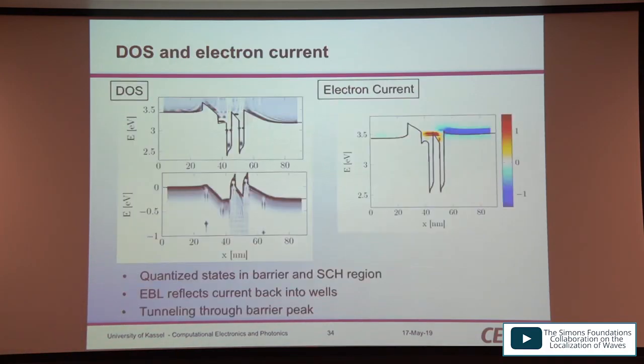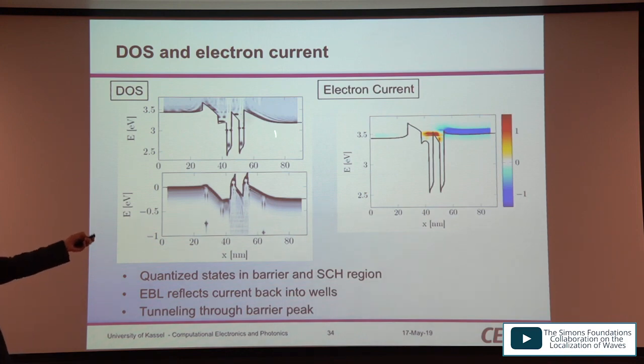Now first, it's interesting to look at the local density of states. Here you see the conduction band edge, valence band edge, and the local density of states at k equals 0. Now what you recognize immediately is the bound states. So here's the bound electron state, here's the first state, which follows the wave function you normally have.